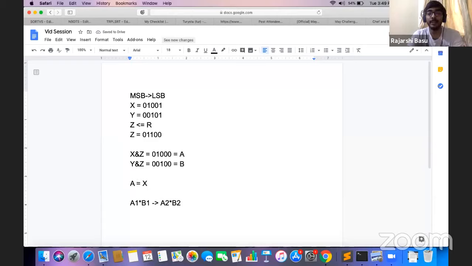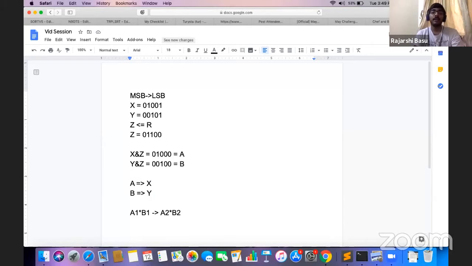A cannot be greater than X anyway, because you are doing X and something, so you cannot have more set bits than A. So the best case scenario that you can hope for is A is equal to X, and similarly the best case scenario for B that you can hope for is B is equal to Y. So can we achieve these two? If there are no restrictions on Z, can we achieve these two?